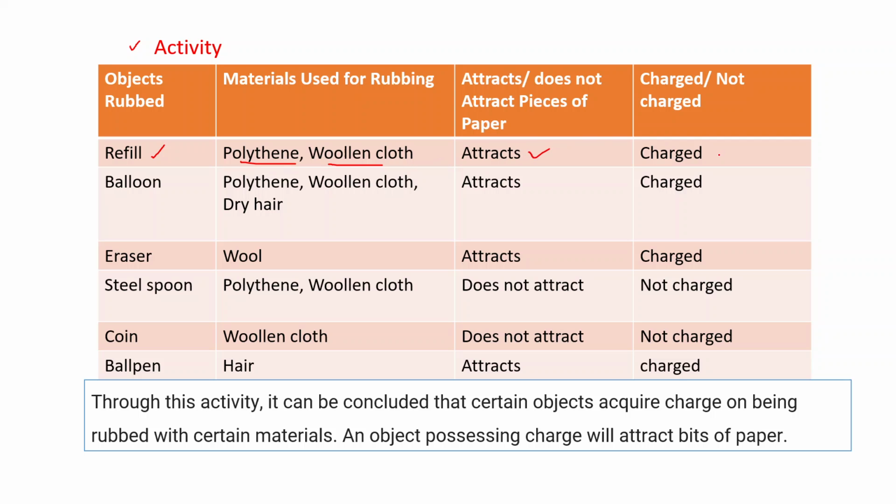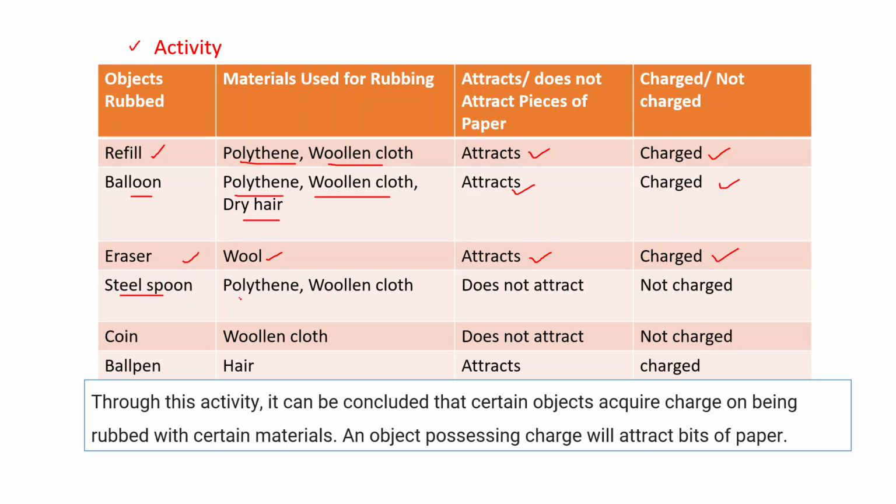It means it gets charged. In the same way, balloon rubbed with polythene, woolen cloth or dry hair will also attract the pieces of paper. It means it is also charged. Eraser rubbed with wool, again bring near to the pieces of paper, you will see it also attracts the pieces of paper. It means eraser is also charged.